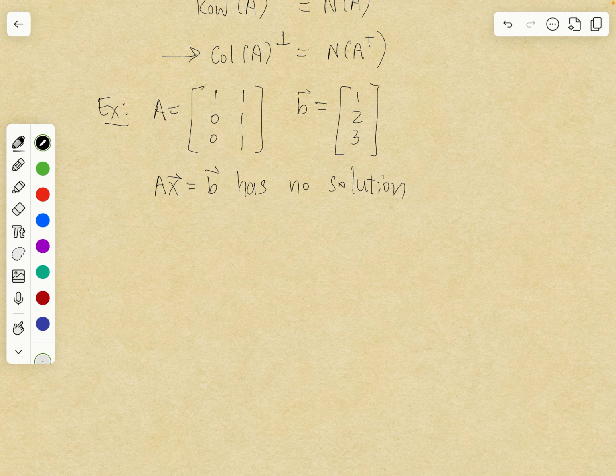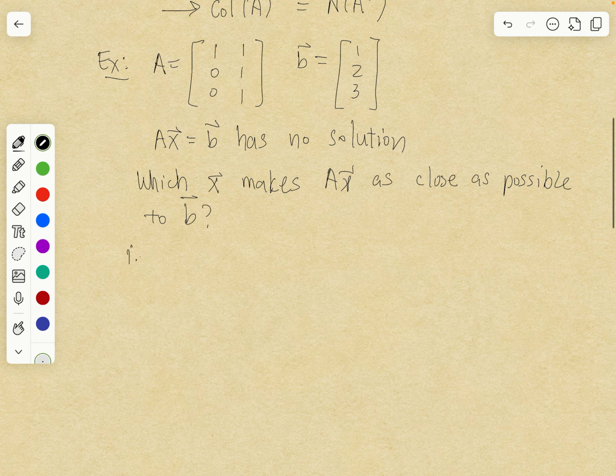However, what we can ask is, which x makes A times x as close as possible to b?